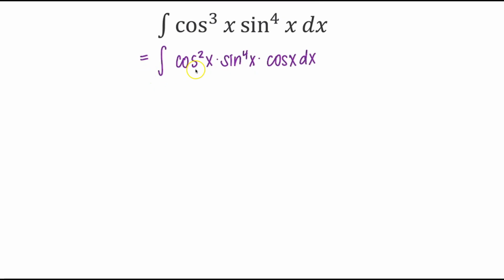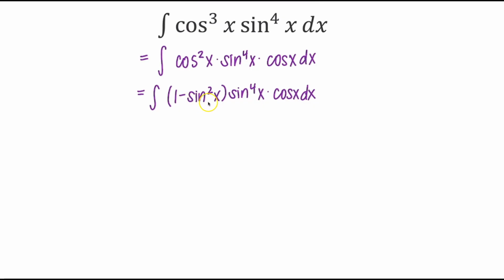So now I can rewrite cosine squared x using the Pythagorean identity, quantity 1 minus sine squared x. And then I still have sine to the 4th x times cosine x dx. We're set up to start our u substitution.